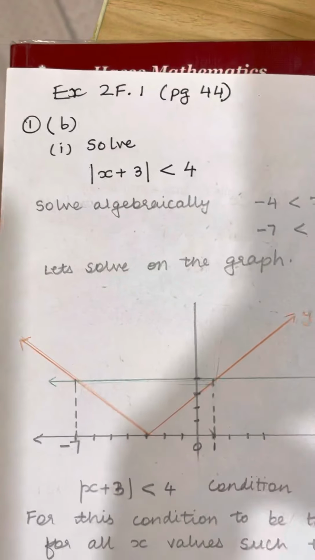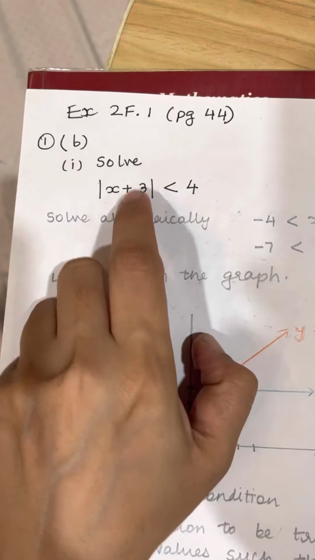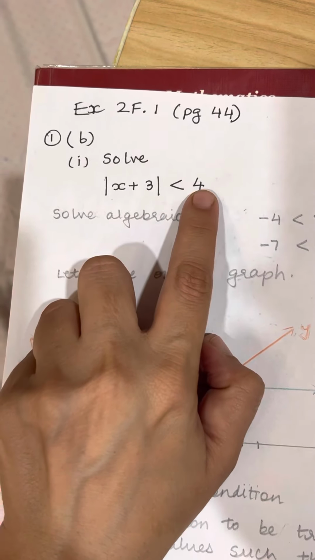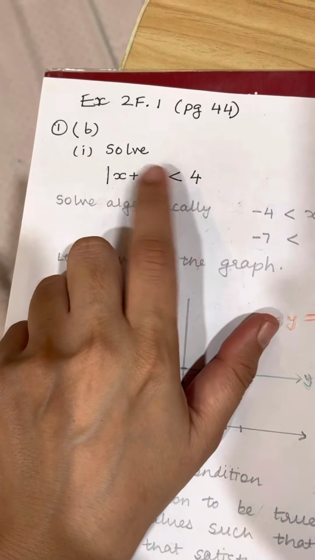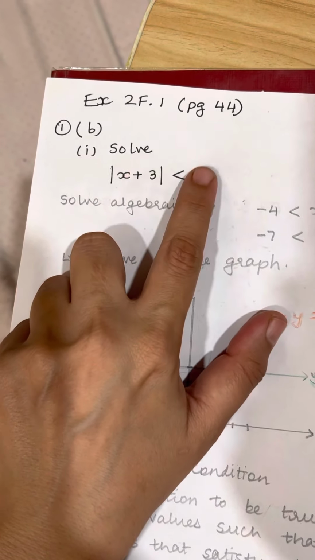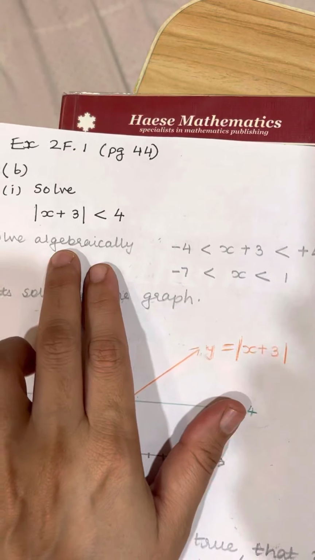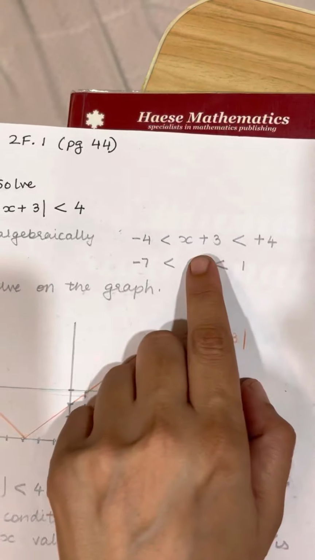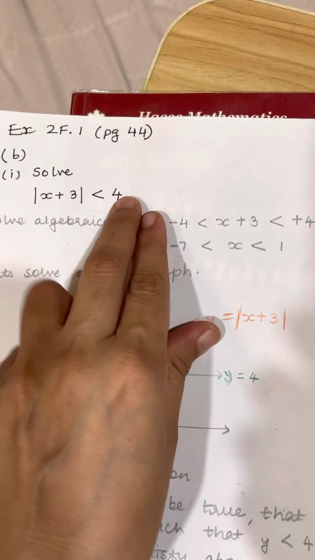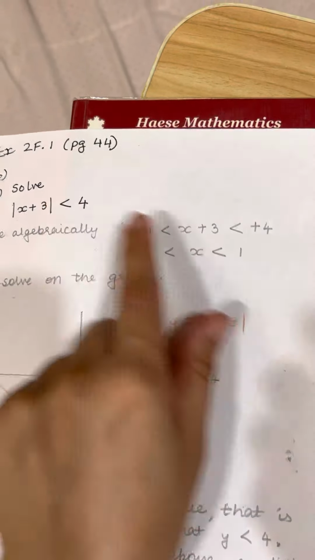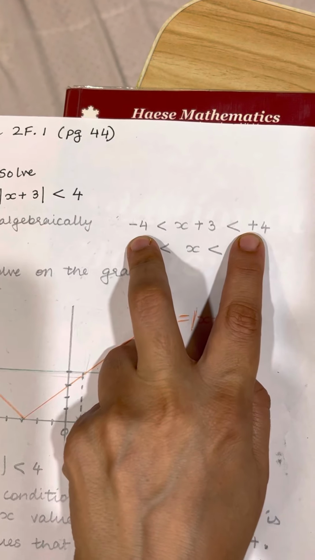1b. Now what is in this? Solve for all values of y that have to be less than 4. So this is solve for modulus x plus 3, where all values of this have to be less than 4. Now I'm going to first solve it in algebra form. In algebra form, you know that if modulus of x plus 3 is less than 4, and if I remove the modulus sign, I have to put a -4 and +4 on either side.